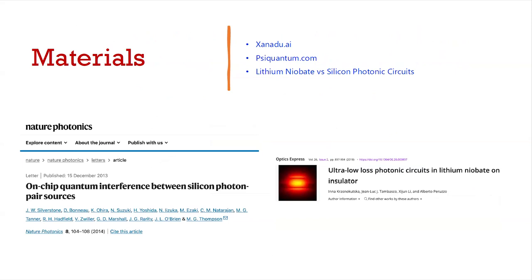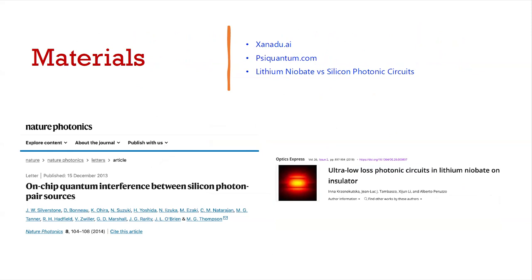We also talked about different elements, systems and defects to generate single photons, but also for the circuits there is a race about different materials. Currently the focus is on either silicon or lithium niobate. You can look at some references about them. Of course, we like silicon. We use it a lot in different applications.